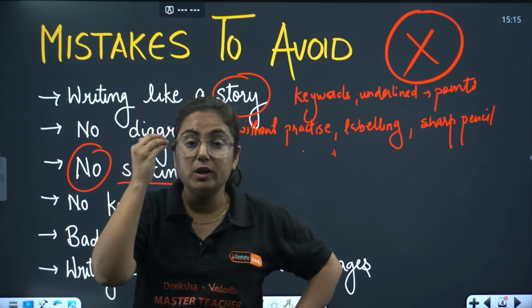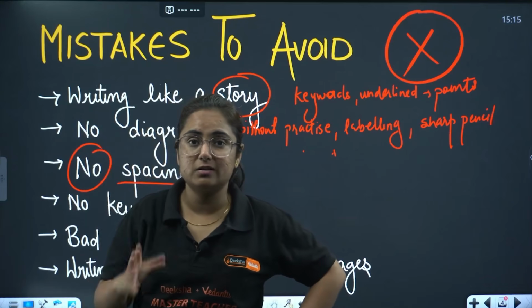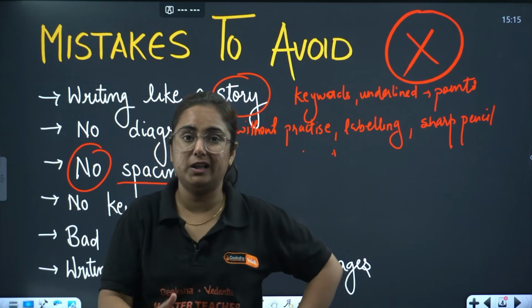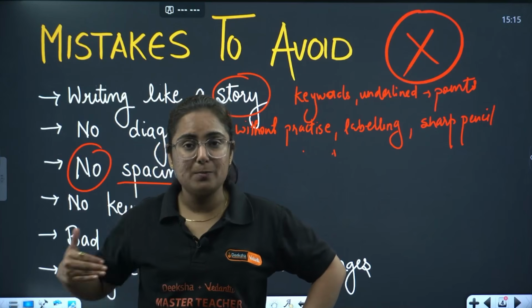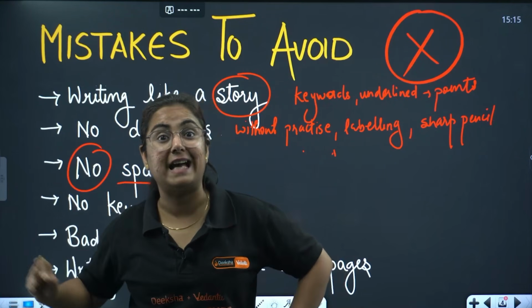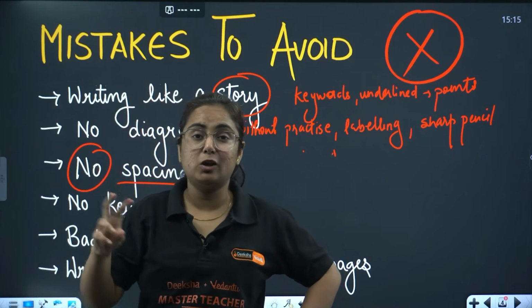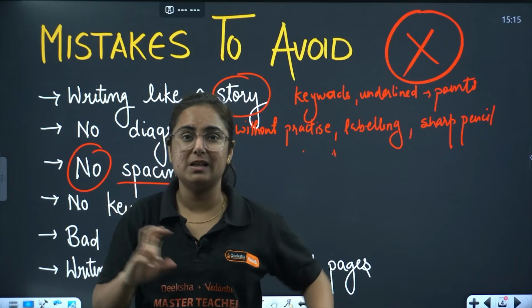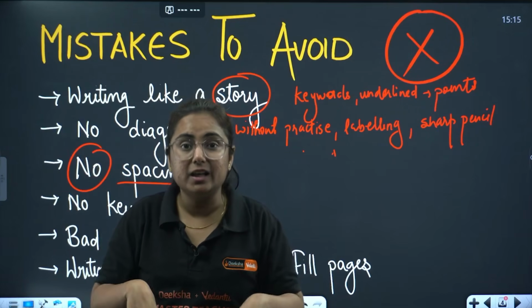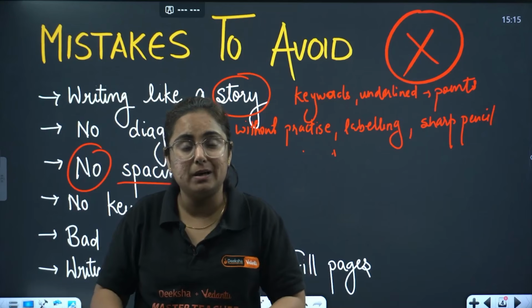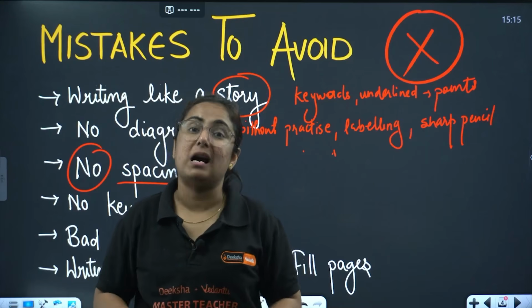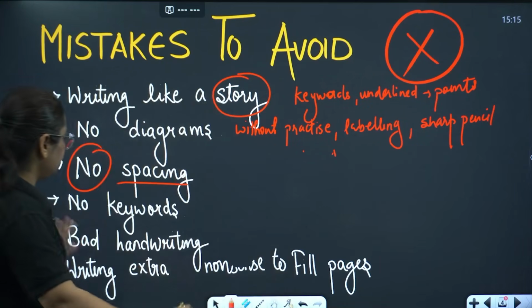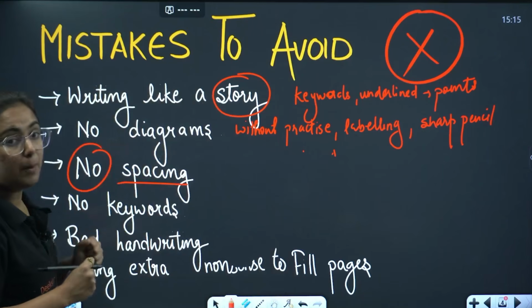In whichever Olympiad she appears, she gets a perfect rank. But whenever it comes to presentation, she is not leaving the lines, because she has that psychological impact that not to waste paper and all that. But beta, here the point is not about paper, the point is about your marks. Okay, don't do that. Don't be so perfect.